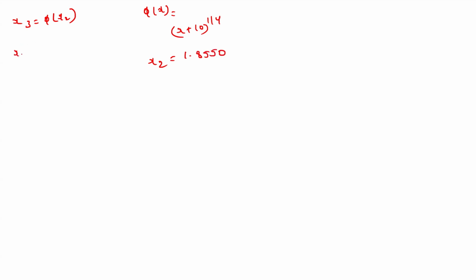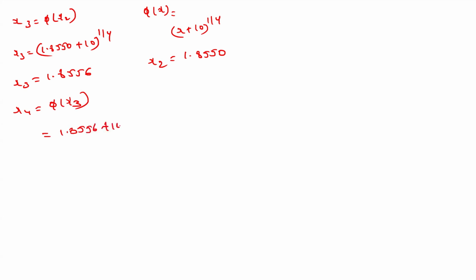Now x3 is equal to 1.8550 plus 10 whole power 1 by 4, and x3 is equal to 1.8556. We need to find x4. x4 is equal to phi of x3, which is 1.8556 plus 10 whole power 1 by 4.